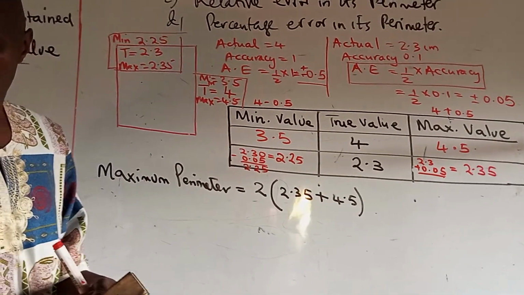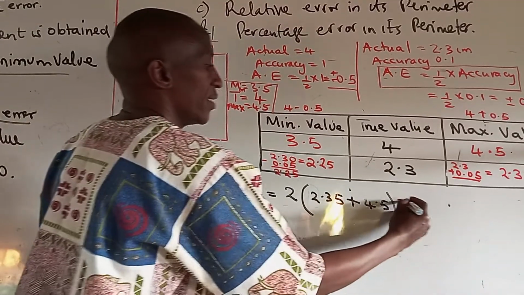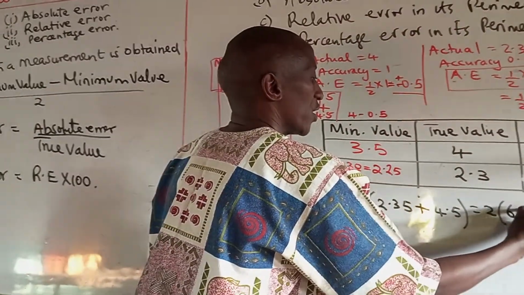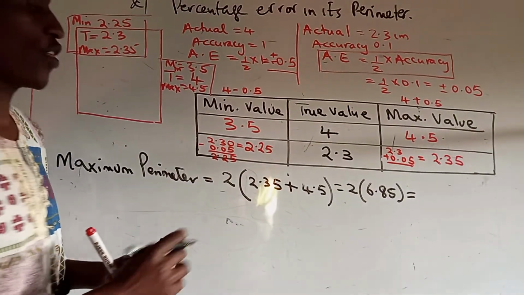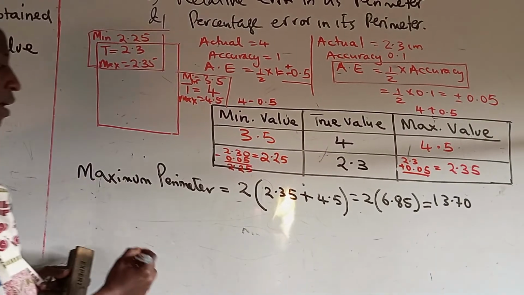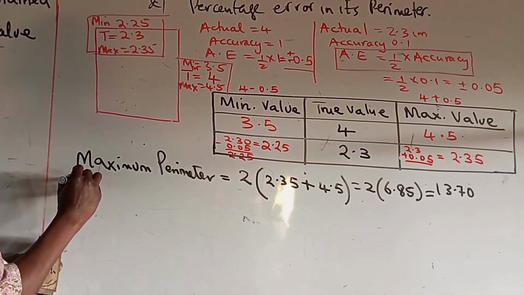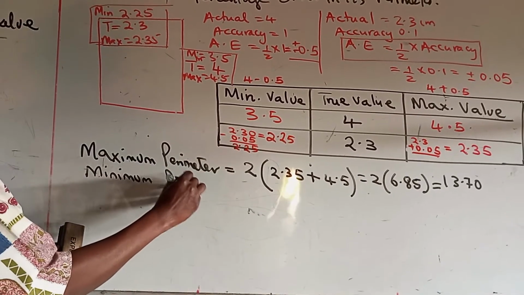Viewers, from your calculation, let us have this one as twice 6.85, and that gives us a value 13.70. What about the minimum perimeter?